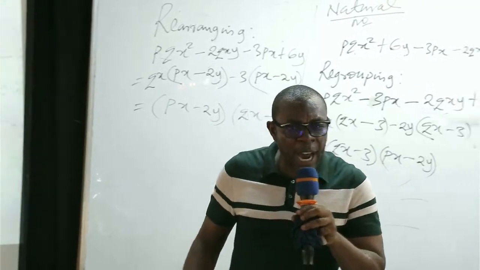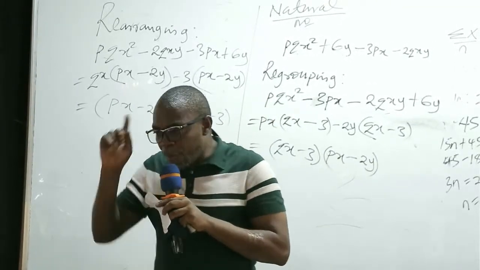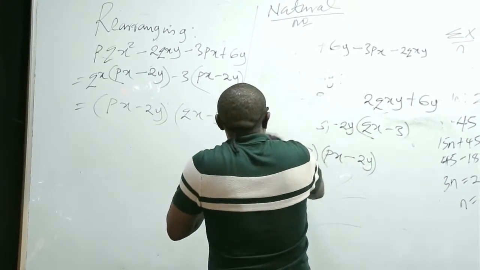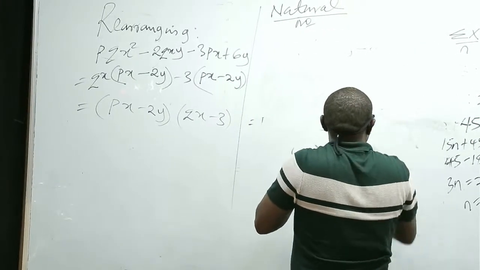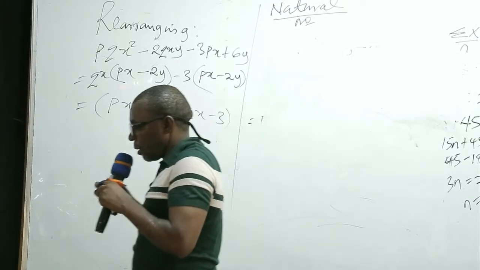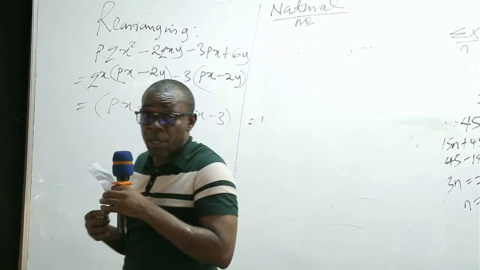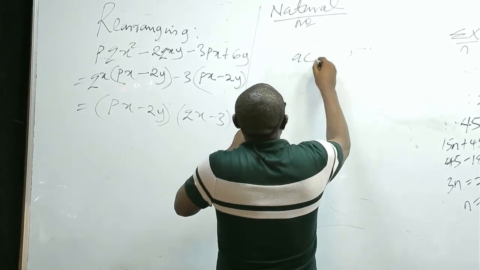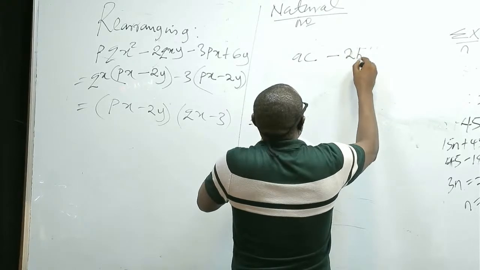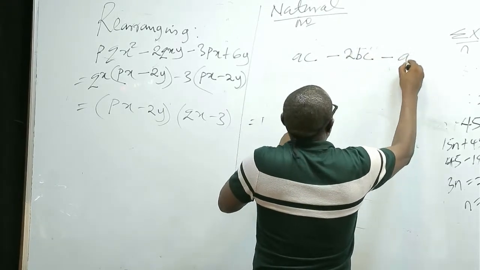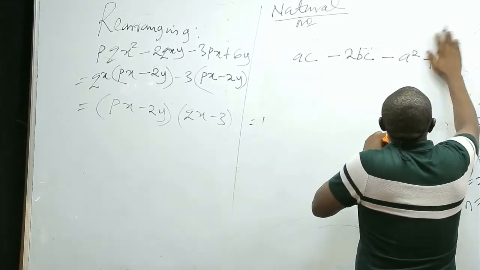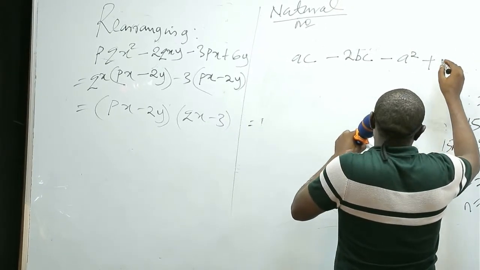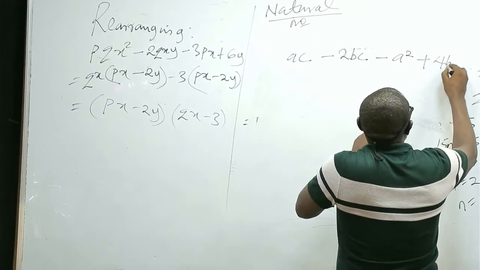Please write, factorize. Stop taking my questions. Factorize. Are we there? Factorize. AX minus 2BC minus A squared plus 4B squared.